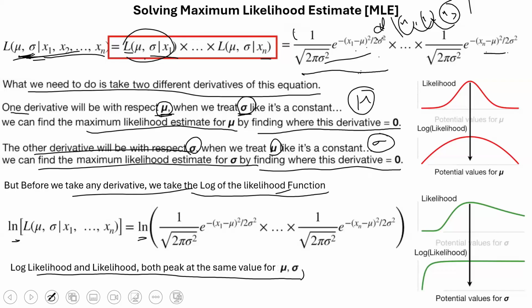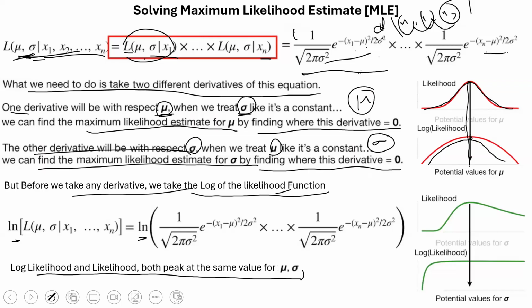Even if you calculate using the log likelihood, the peak value is coming out at the same value.